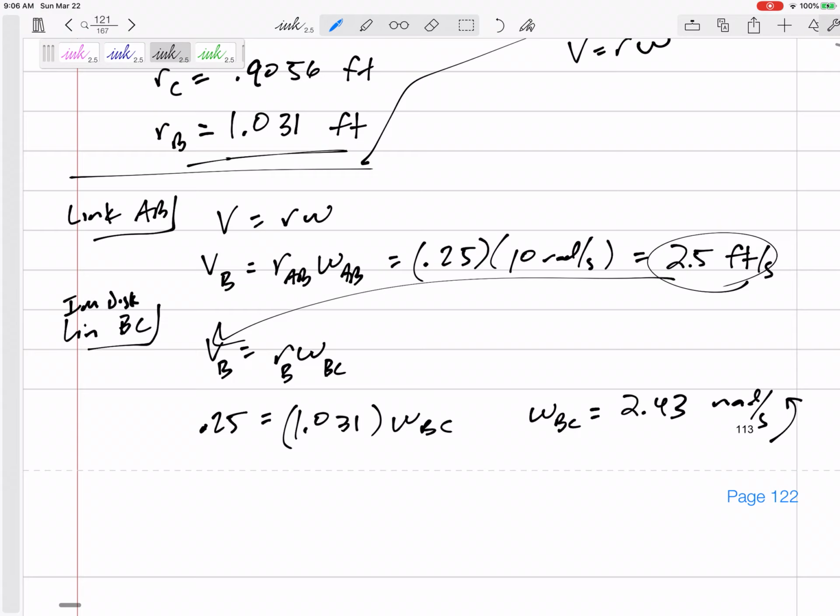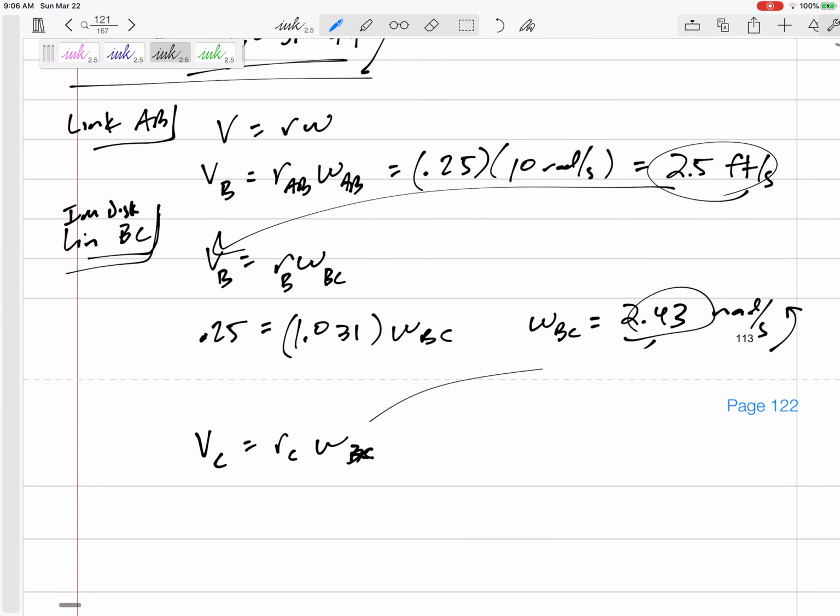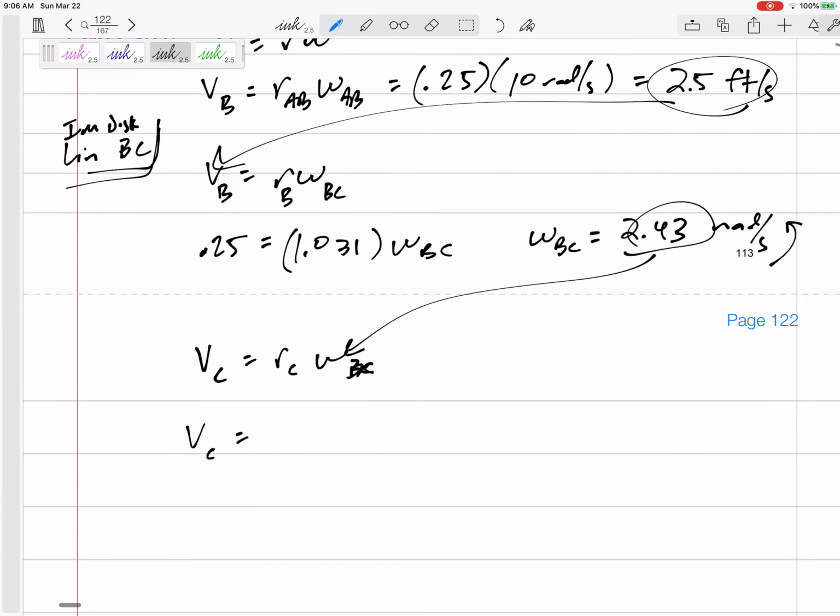Okay, now I'm going to stick on the imaginary disk, but let me look at VC equals RC omega BC. So I can still use that 2.43 and say VC is equal to RC, 0.9056, times 2.43, which is 2.2 feet per second.